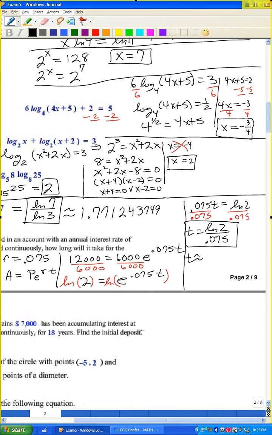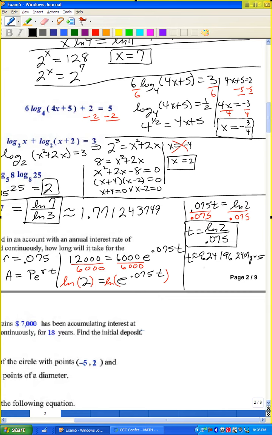And so let's plug that into our calculator. So it's ln 2 divided by 0.075 is 9.242 years. And that's your answer.